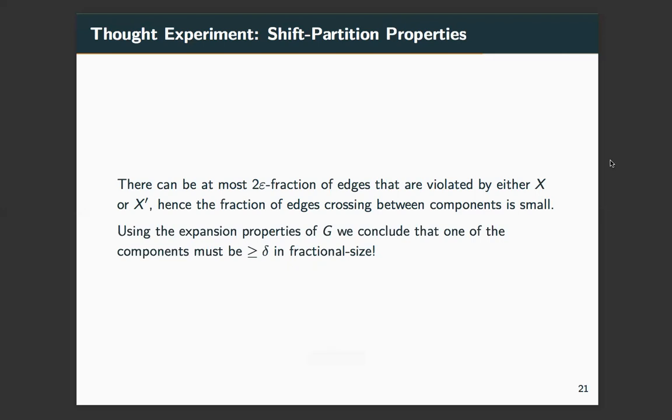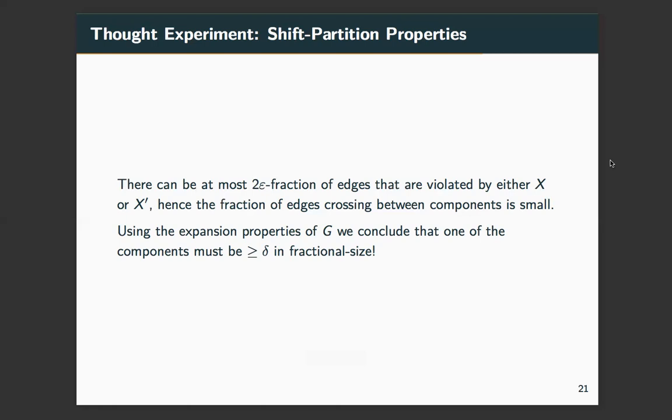Now, here we crucially use the expansion properties of G to show that at least one of the components in the shift partition must be at least delta in fractional size. And to see this, note that because of the small set expansion property of G, every small set of fractional size less than or equal to delta has expansion at least epsilon, and this holds for partitions too.